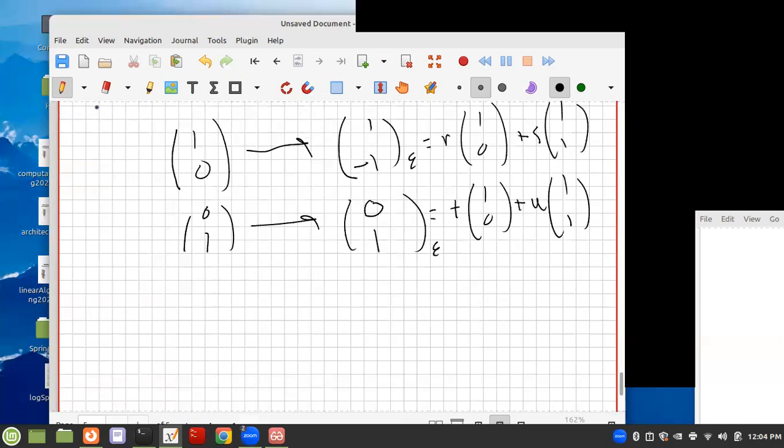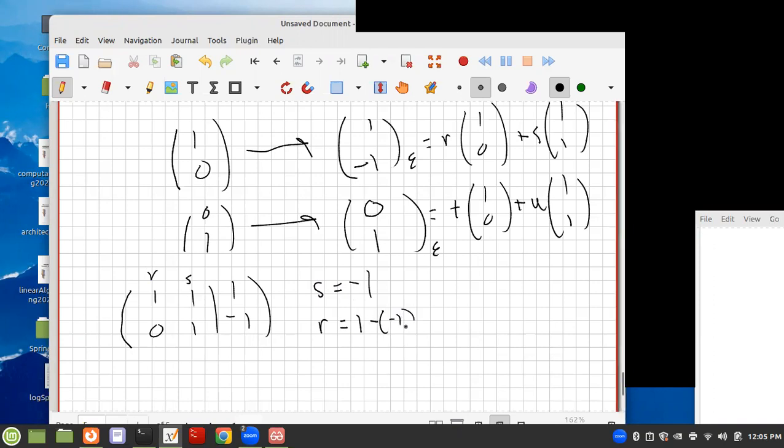Now, the first one, to solve these, would be 1, 0, 1, 1 times R and S equals 1, minus 1. So we say S equals minus 1 and R equals 1 minus a minus 1, which equals 2.